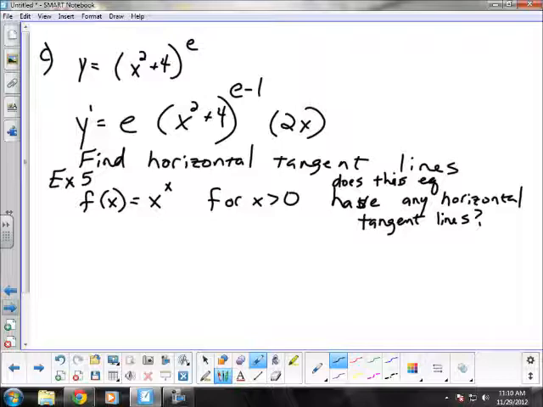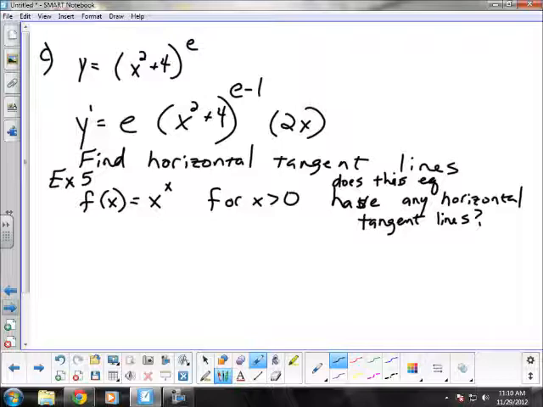You want to know, is the first derivative ever equal to 0? What's greater than 0? No. This gives me the right. Yes.